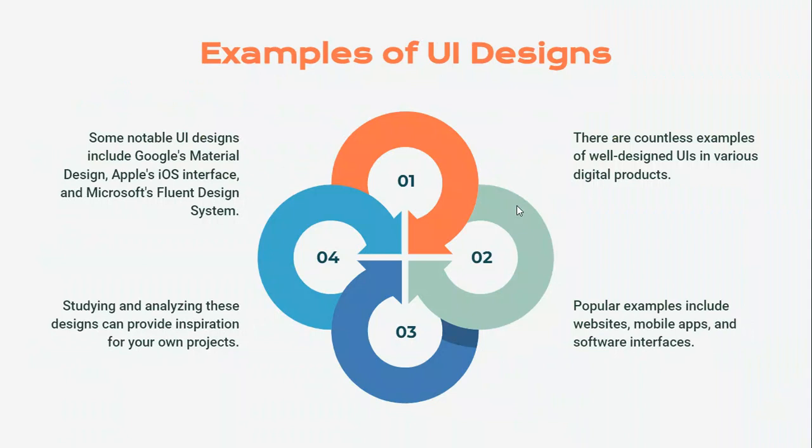Now, lastly, we look at some examples of UI design. You can check them out there. We have some notable UI designs, including Google's Material Design, Apple's iOS interface, and the Microsoft Fluent Design System.